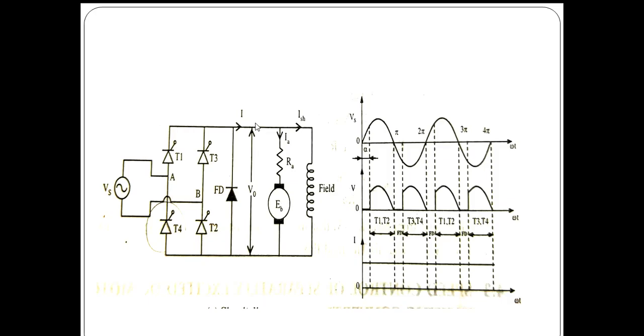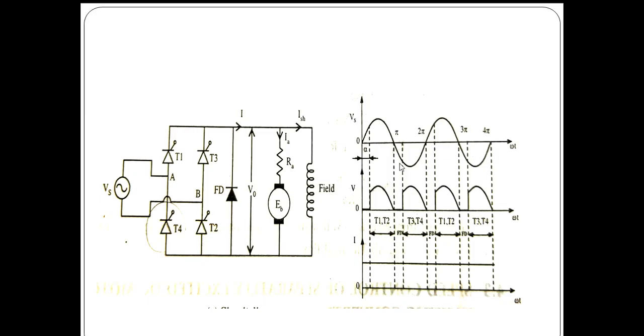The shunt motor is connected across the output of a fully controlled full wave bridge rectifier. At the output of this full wave fully controlled converter, we have connected a DC motor. And this is a freewheeling diode connected across the motor circuit. We are giving AC supply to this DC shunt motor.